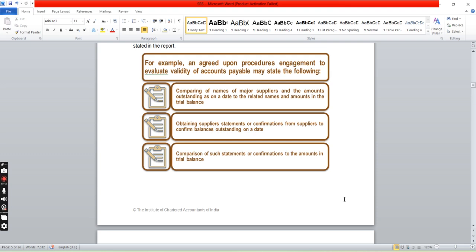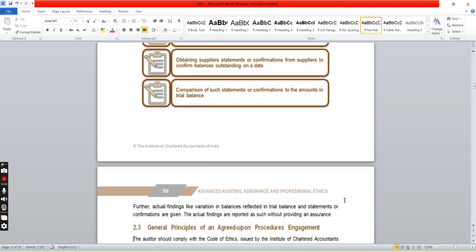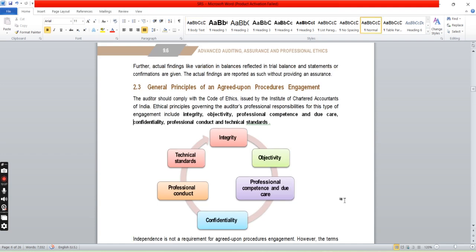Obtain supplier statements and confirmations from suppliers to confirm balances outstanding as on the date. Compare such statements or confirmations to the amounts in the trial balance. Then the actual findings, like variations in balances reflected in the trial balance and the statements of confirmation, are given. The actual findings are reported as such without providing assurance.